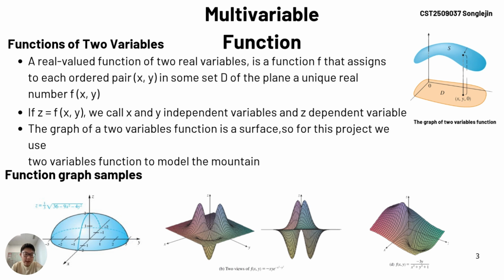If z equals f(x, y), we call x and y independent variables and z the dependent variable. Here we can intuitively see that the graph of a double variable function is often a surface in a three-dimensional coordinate system. That's why we use it to model a mountain.